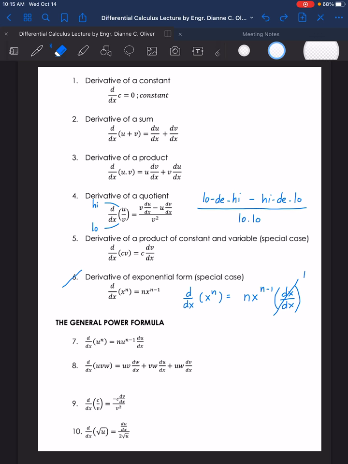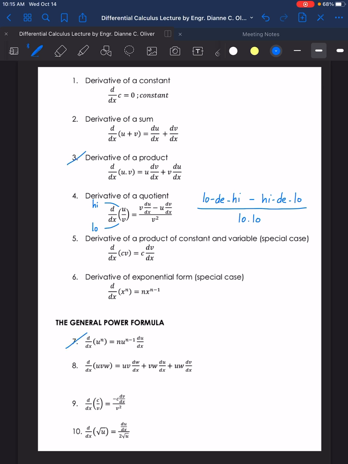So there's actually no need to remember formulas 5 and 6 as long as you know formulas 7 and 3. Okay? Now, next one is formula number 8. Formula number 8 is a derivative of a product, but there are 3 different terms.